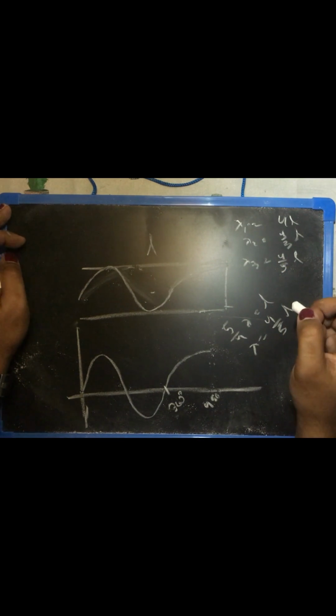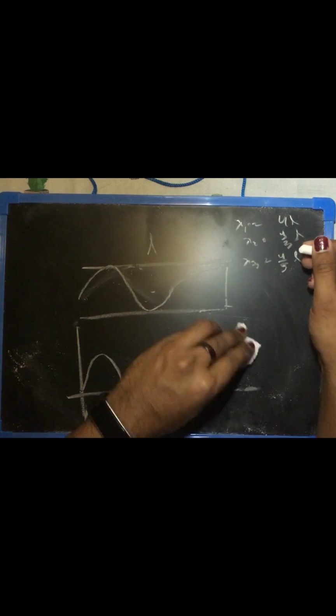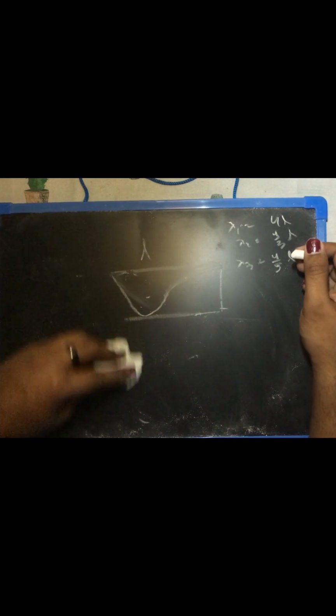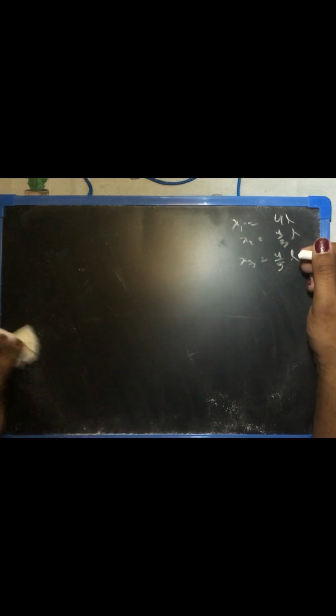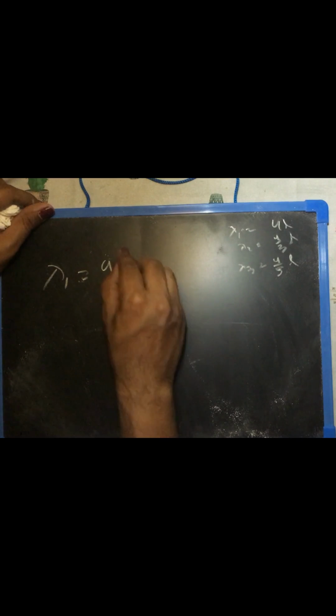But that's the thing. I can see a pattern here. Let's write this down. Lambda 1 was 4L.